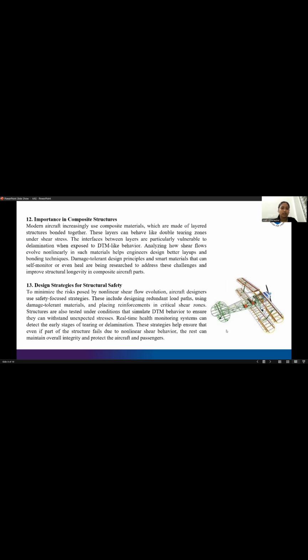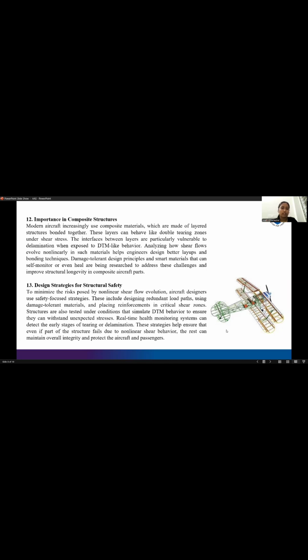Analyzing how shear flow evolves nonlinearly in such materials helps engineers design better layups and bonding techniques. Damage-tolerant design principles and smart materials that can self-monitor or even heal are being researched to address these challenges and improve structural longevity in composite aircraft parts.